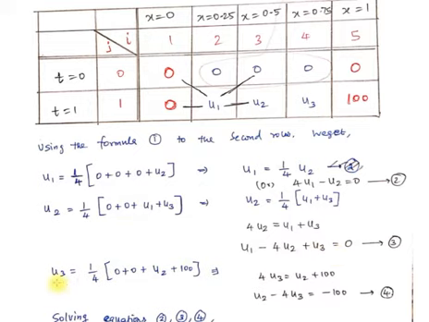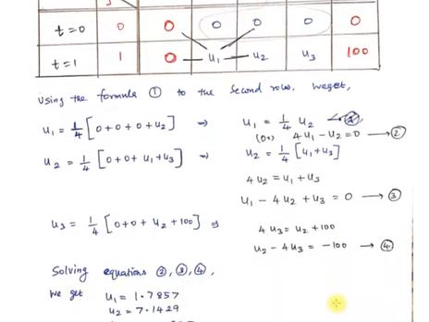So u3 equal to 1 by 4 of 0 plus 0 plus u2 plus 100. So 4 u3 equal to u2 plus 100. Then 4 u3 taken to the right side, 100 taken to the left side. Therefore u2 minus 4 u3 equal to minus 100.